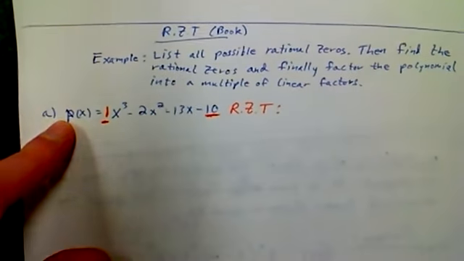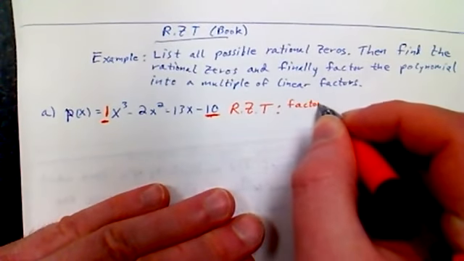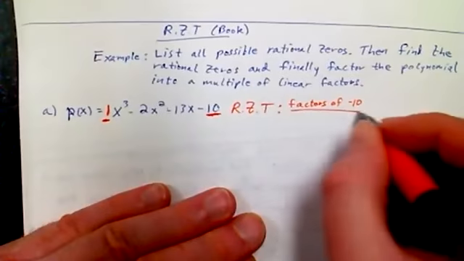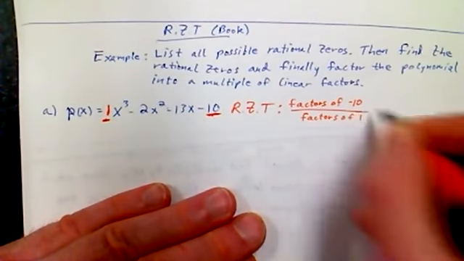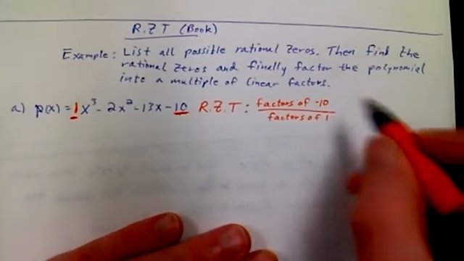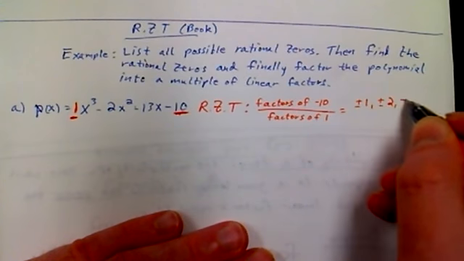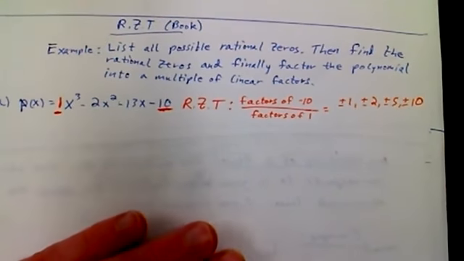That's your P and Q, okay? So this says it's factors of -10 over, in this case, factors of 1. If I list them out, it's plus or minus 1, plus or minus 2, plus or minus 5, plus or minus 10. That's the factors of -10.